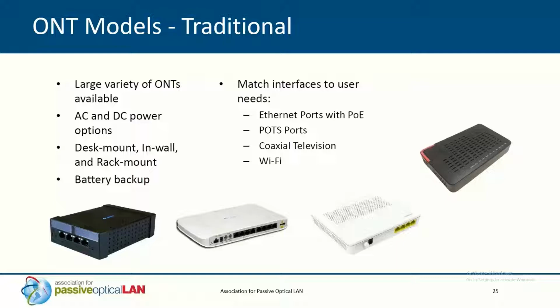Now, there are a lot of other optional features like coax, where you can run RF overlay, which is a little bit out of the scope of this presentation, but you can run analog video that way. Wi-Fi, there are ONTs with integrated Wi-Fi as an option. Many times, in reality, the ONTs will feed an external AP that's a little bit more of a heavy-duty solution with a Wi-Fi controller.